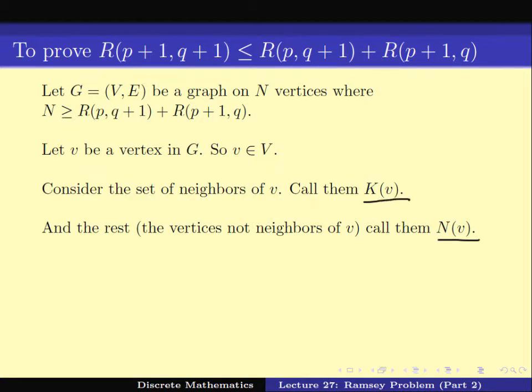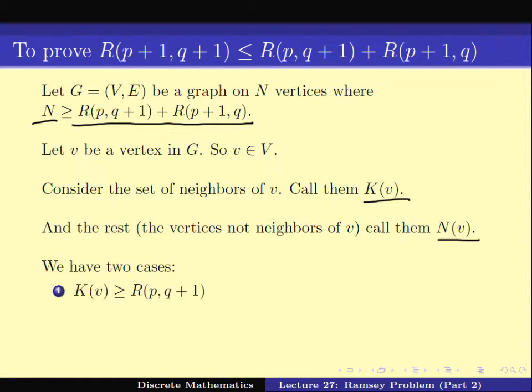Now, given the fact that n is bigger than or equal to this, we have two cases. First of all, either K_V is greater than or equal to R(P,Q+1), or N_V is greater than or equal to R(P+1,Q).